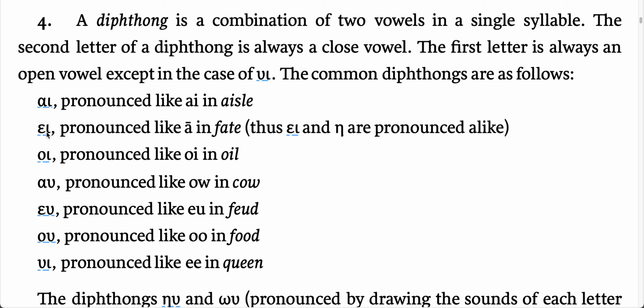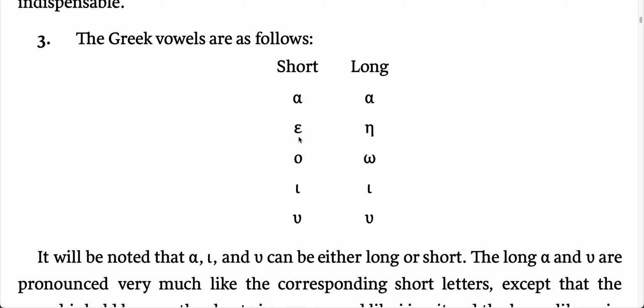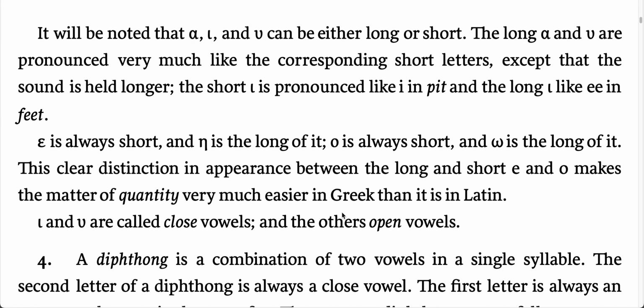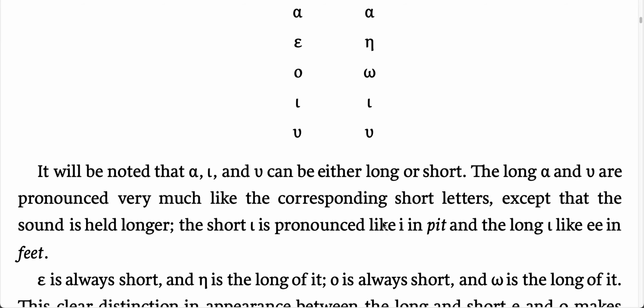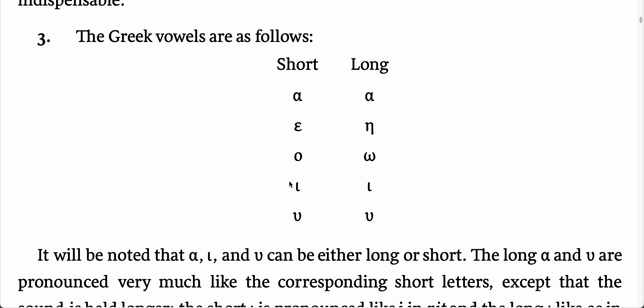And these are always vowels, okay? Diphthongs are not related to the consonants. They're related to the vowels. So the vowels are in this chart here. You can only make diphthongs with combinations of these vowels. Open vowels are everything but iota and upsilon.